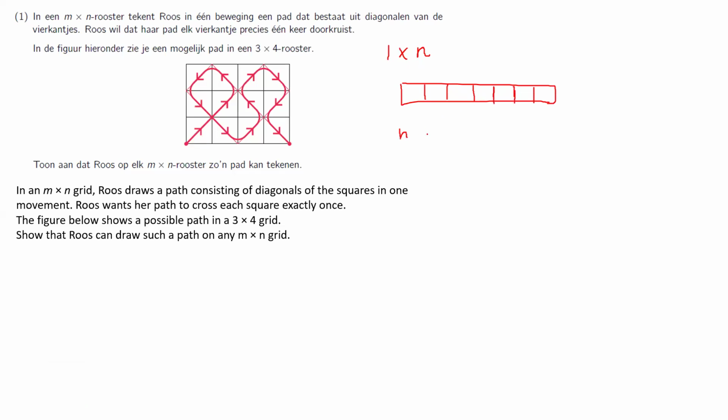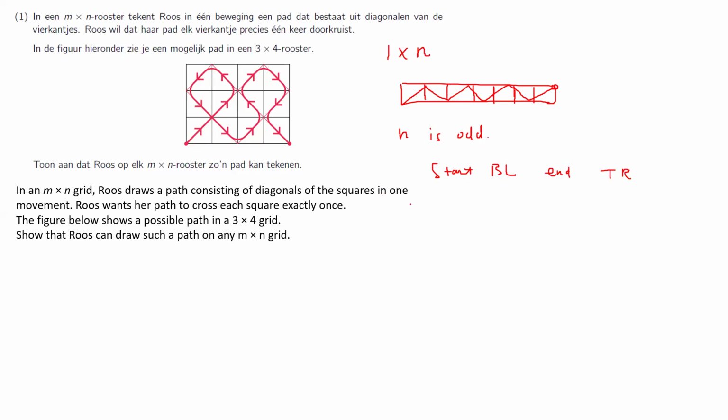So n is odd. When n is odd, the path can start from the bottom left and end at the top right.